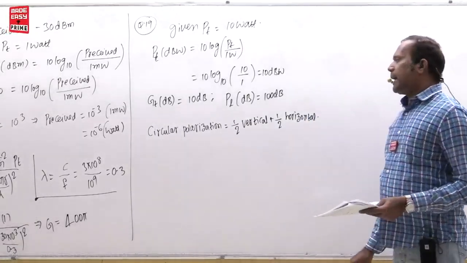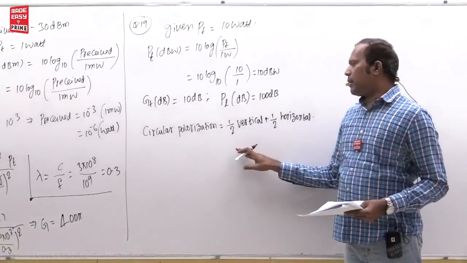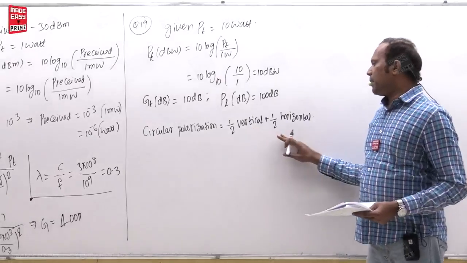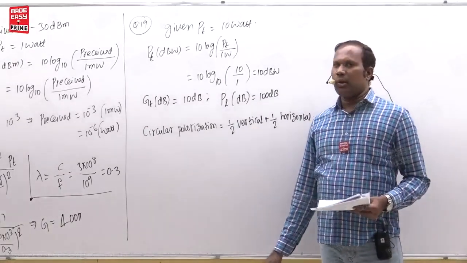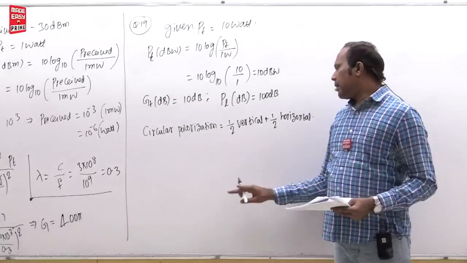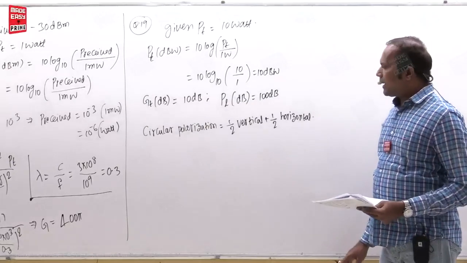So the incoming signal at the receiving antenna is circularly polarized. Every circularly polarized wave has a half vertical component and half horizontal component, like x squared plus y squared is equal to a squared. X is horizontal, y is vertical, like that you take.